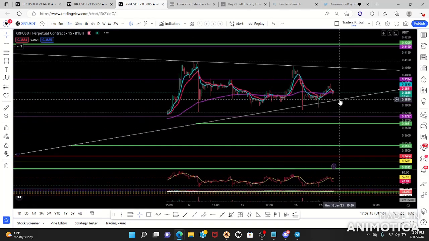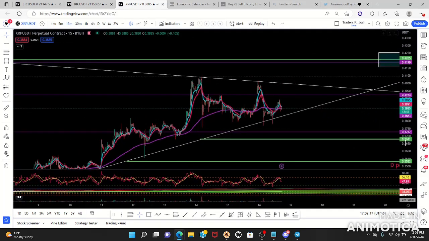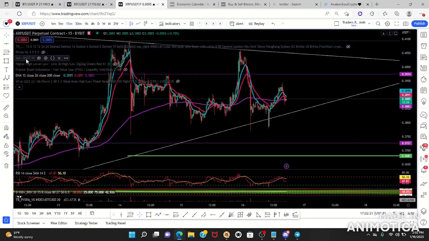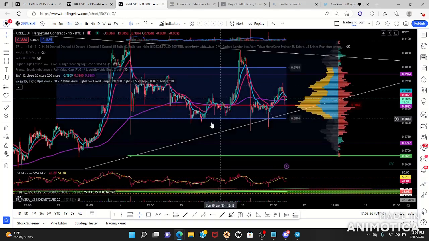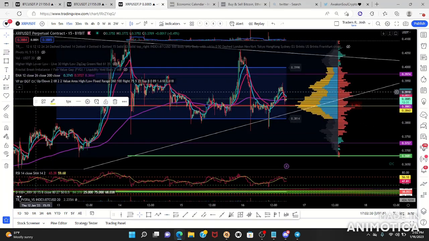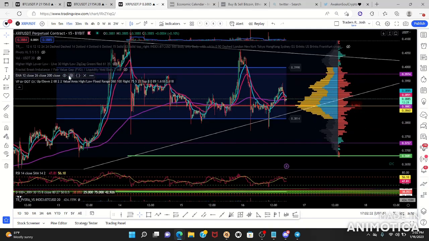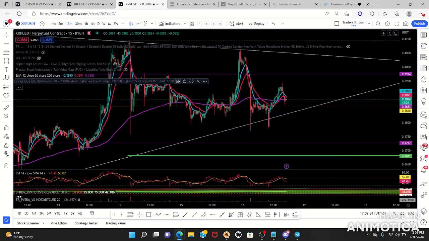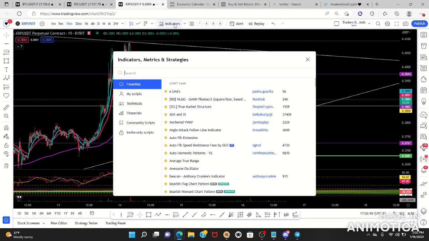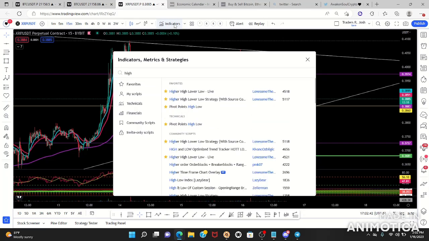For shorter time frames, if you want to play the 15 minutes, I would turn on my point of control, market, I'm going to turn on the higher high, lower high indicator.